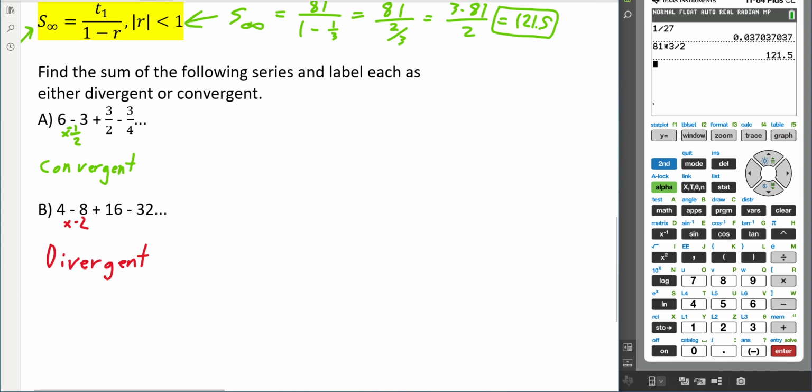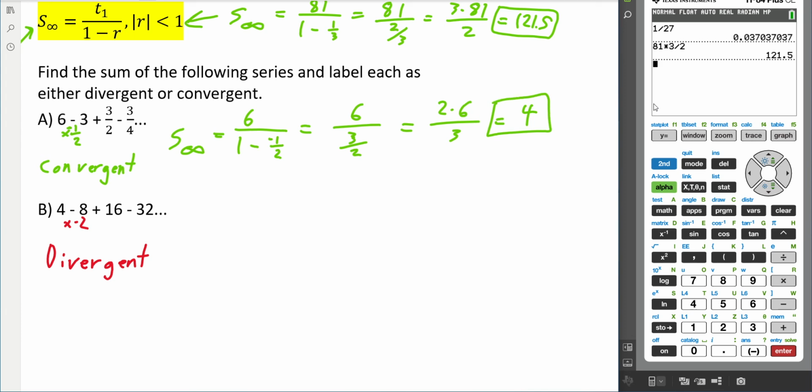We need to use our convergent sum formula in order to solve for this. So T1 is 6 over 1 minus r, so minus a -1/2 here. This gives us 6 over 3/2, which is like writing 2 times 6 over 3, which is 4.